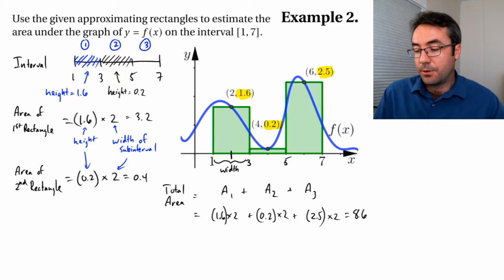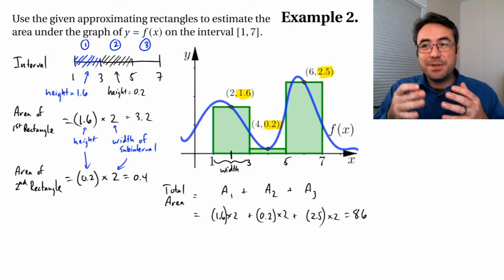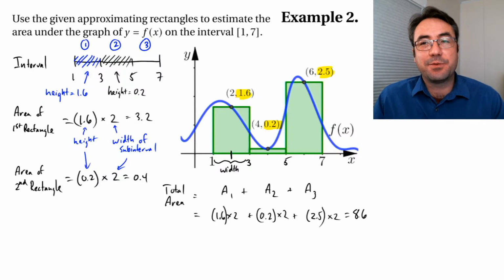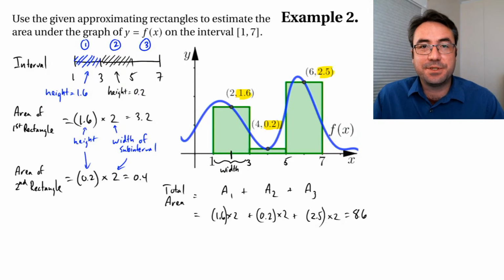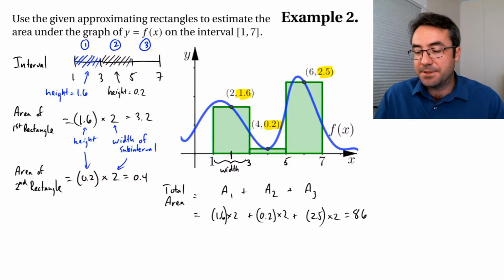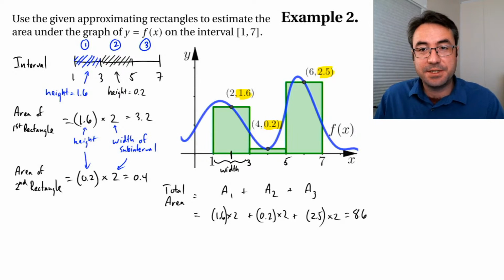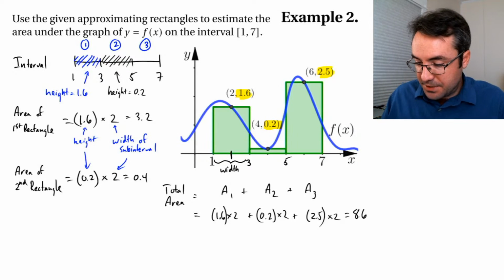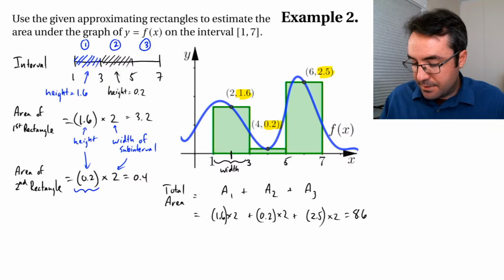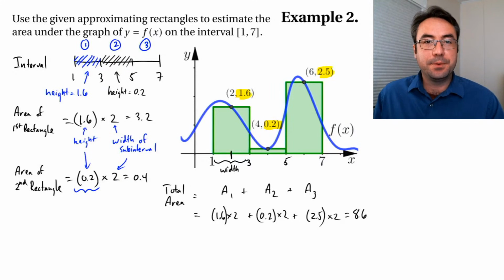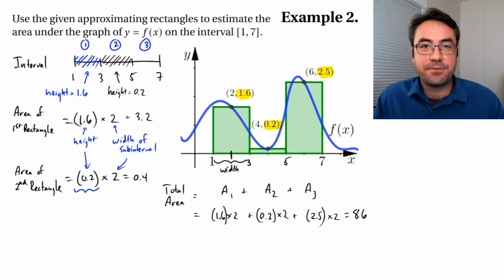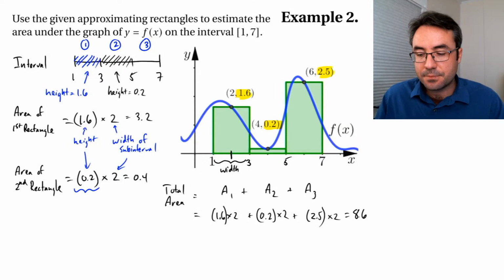Now when we start adding a whole bunch of things together, we want a notation that kind of simplifies. And so we're going to try to interpret this as function notation instead. So for instance, when we look at this 0.2, that's the height of that second rectangle.